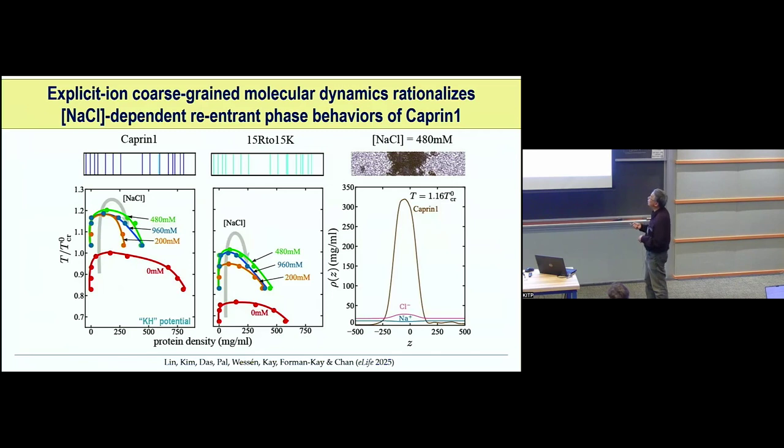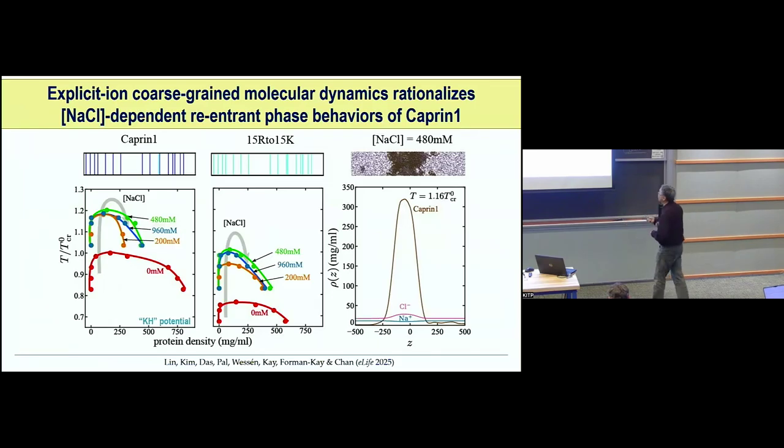If you increase the concentration of sodium chloride, you can see the critical temperature first increase and then decrease for Caprin-1. If you look at a variant, for which we also have experimental data, mutating all the arginines to lysines, you also get the same trend.